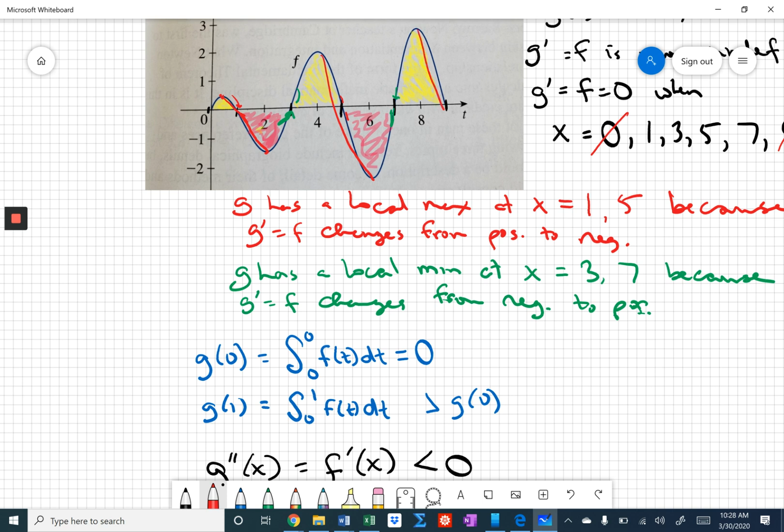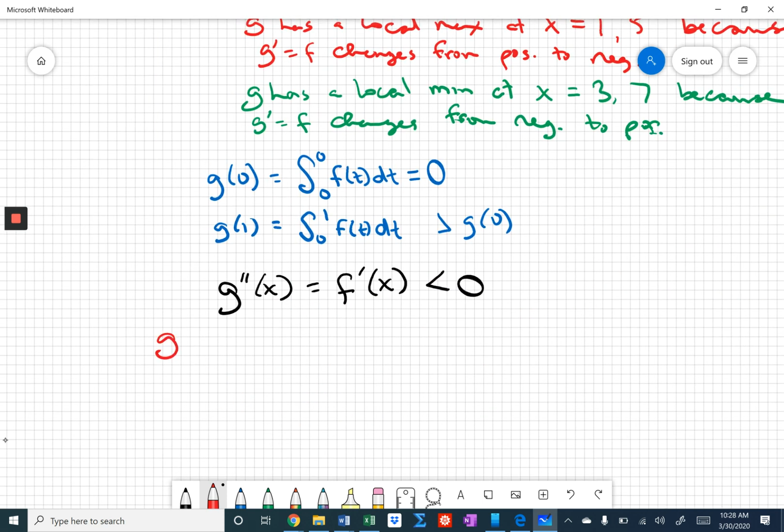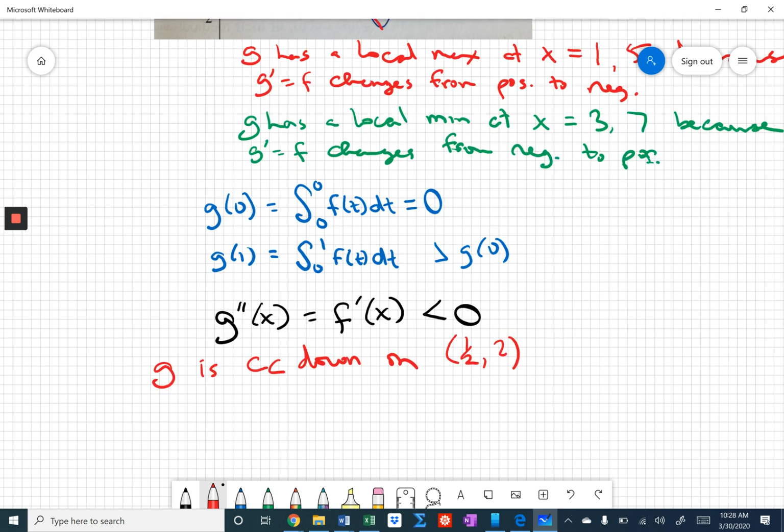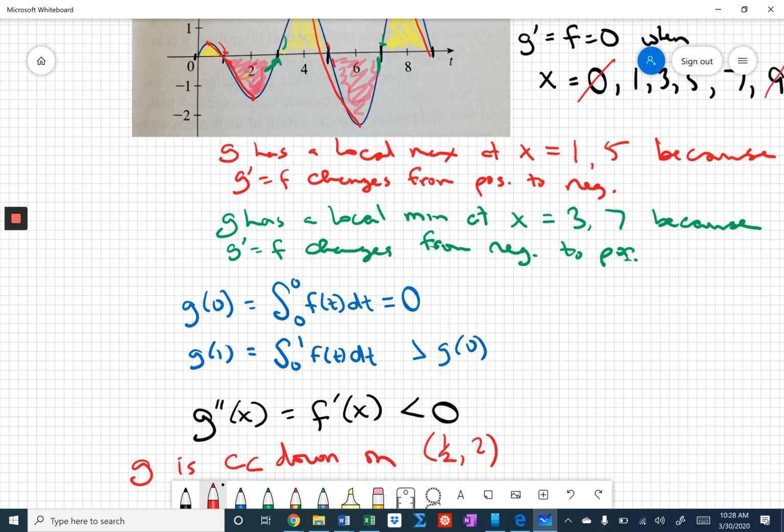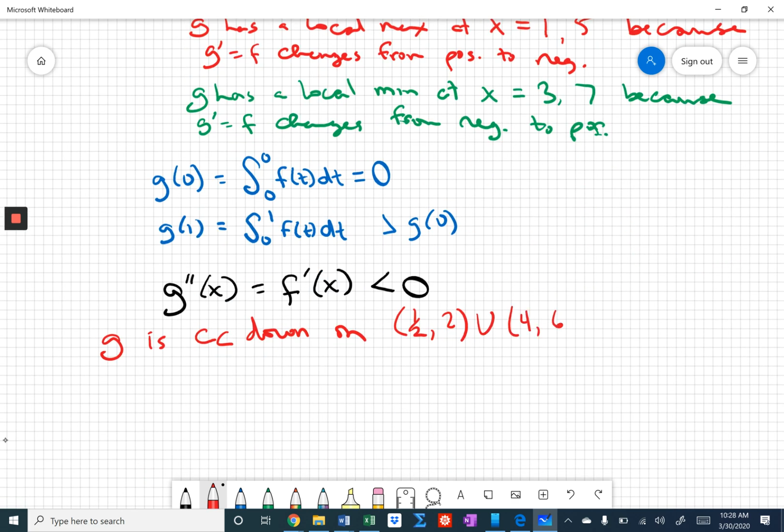Well, those are some bad lines, but so we would say g is concave down on 1/2 to 2, 4 to 6, and 8 to 9. 4 to 6 union with 8 to 9, because g double prime, which is equal to f prime, is less than 0 on these intervals.